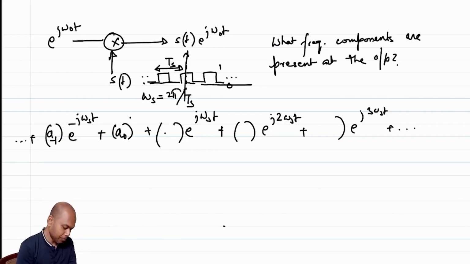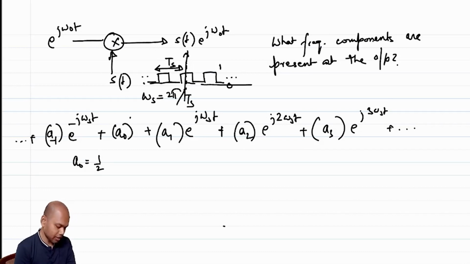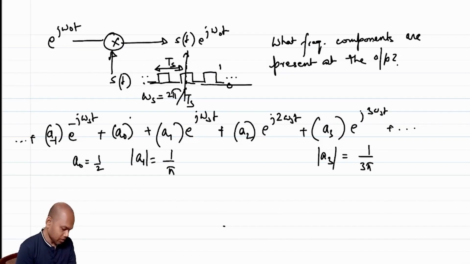So I'll just keep it as A0, A1, A2, A3. And I will simply say that the magnitude of A0 is equal to half. There is no doubt about that. But mod of A1 will be 1 over pi. Similarly, mod of A3 will be 1 over 3 pi. A2 will be 0.